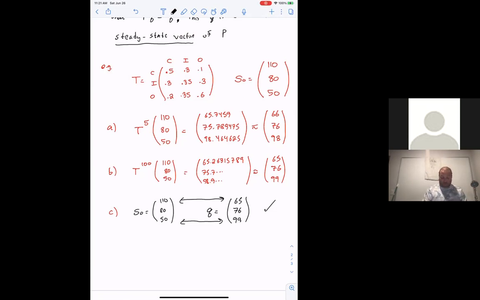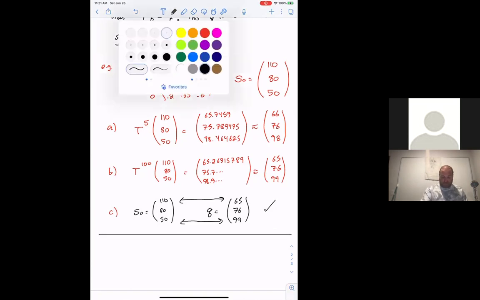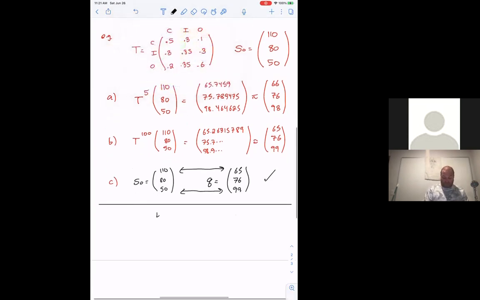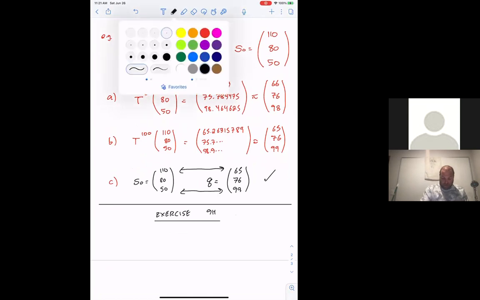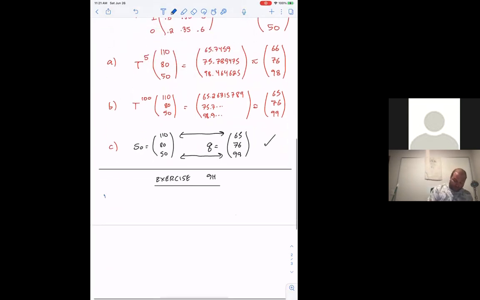So we're going to go directly to the exercises, and we're going to start with exercise 9H. And let's start with number 1.